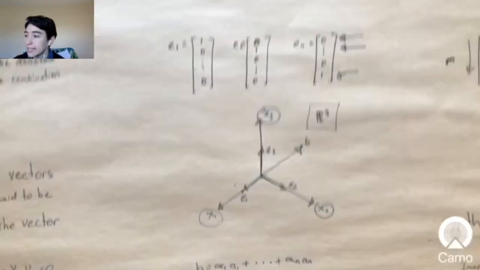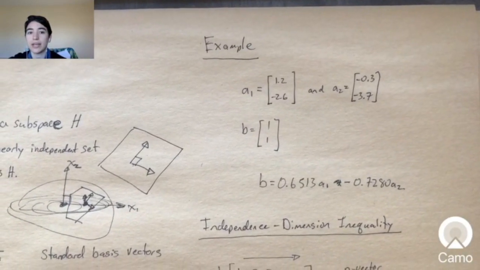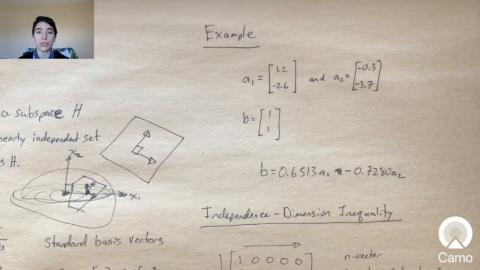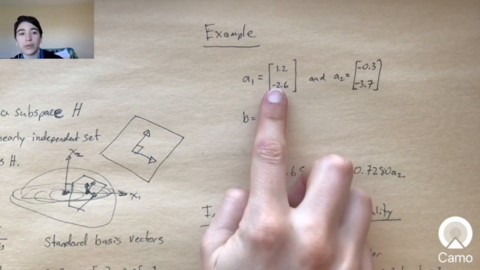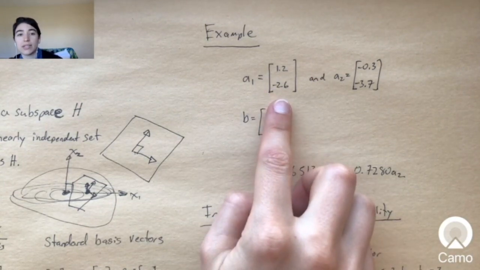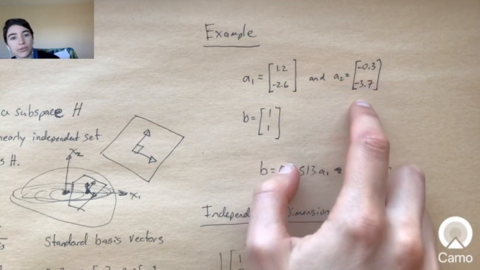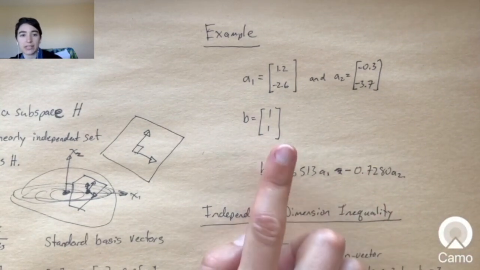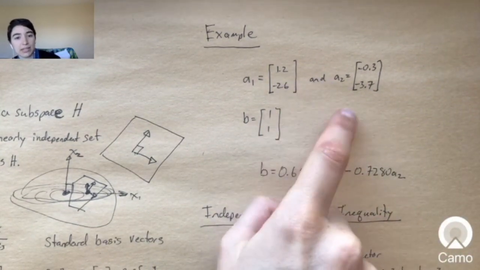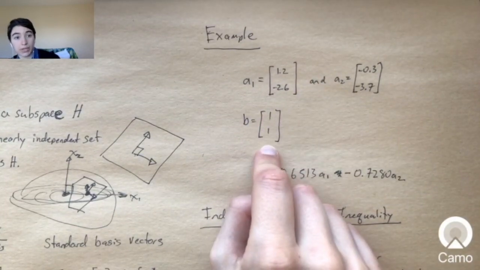Okay, an example now. Let's just say we have A1 and A2 as basis vectors, where A1 is 1.2 and negative 2.6, and then A2 is negative 0.3, negative 3.7. And we're trying to find, in the span of these, where is B11?